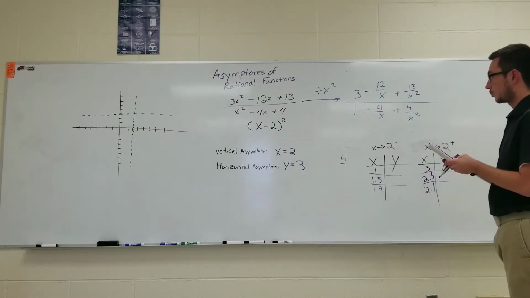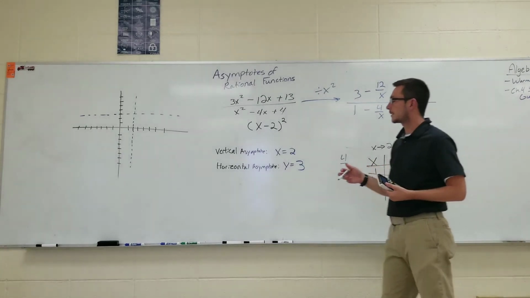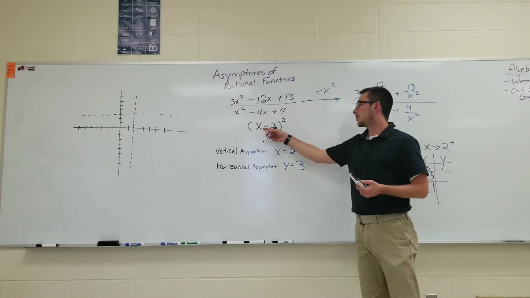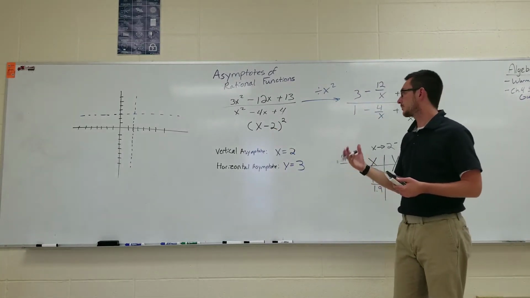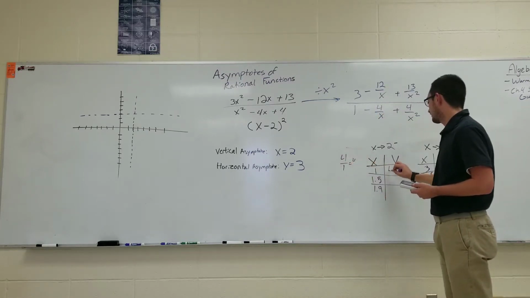If I plug in 1 minus 2 squared, well, that makes sense. 1 minus 2 is negative 1, squared is just 1, 4 divided by 1 is 4. So that's my first one.